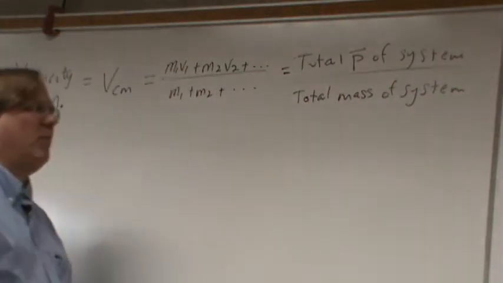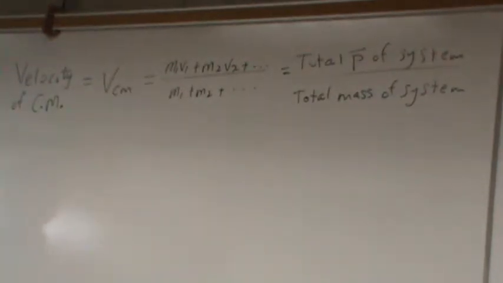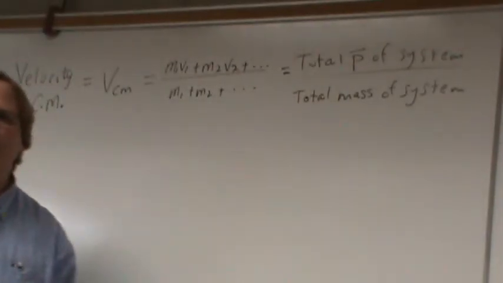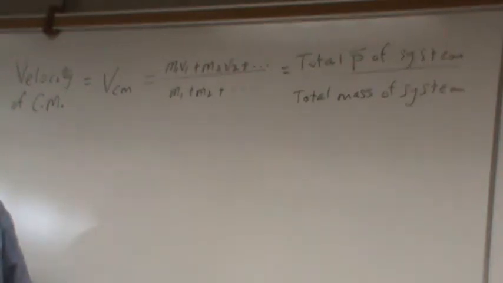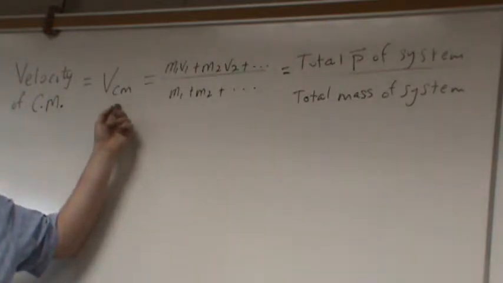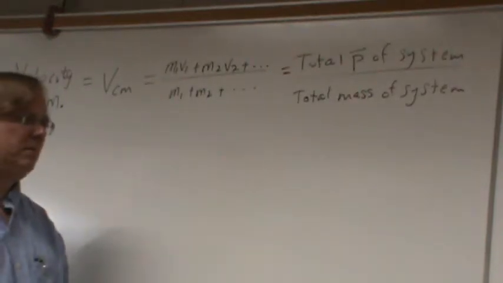And when you do the total momentum of the system divided by the total mass of the system, you get the velocity of the center of mass of the system. And one more thing I want to remind you, momentum is a vector. So you can have positive and negative momentums. You can have a situation where the total momentum of the system is 0, in which case the center of mass of the system isn't moving.